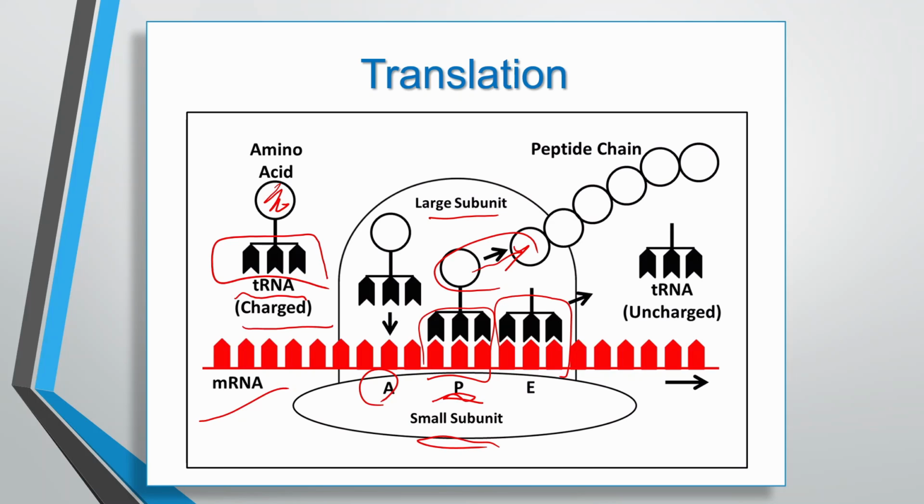That's the P site, which stands for peptidyl. The uncharged tRNA, which has its amino acid removed, is then moved to the E site over here, which is the exit site, where it's released to be recharged with another amino acid of the same type.